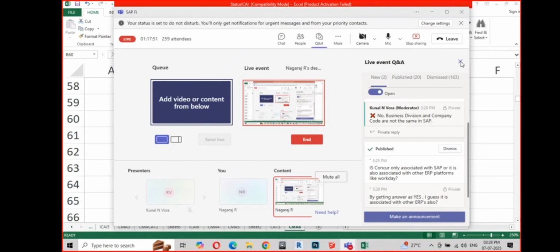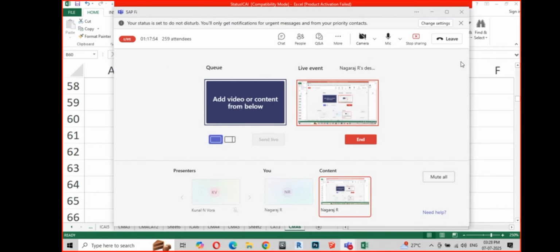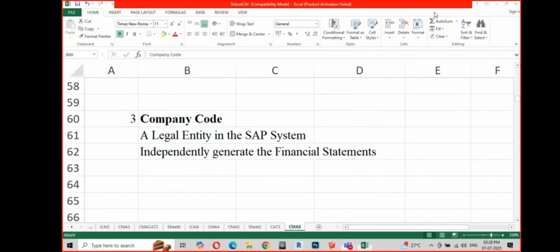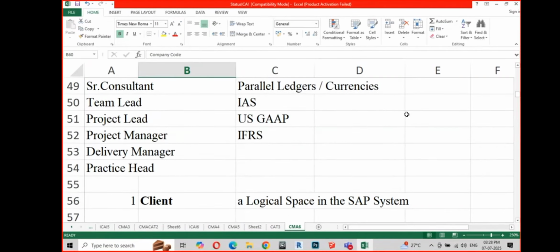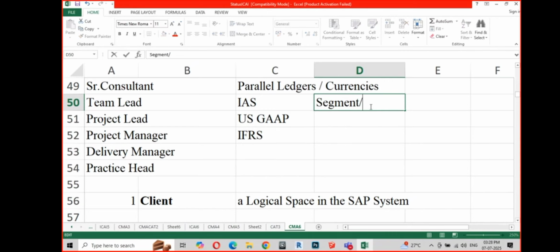Now, this leads me to explain another concept called segments. Now, I have A Limited.